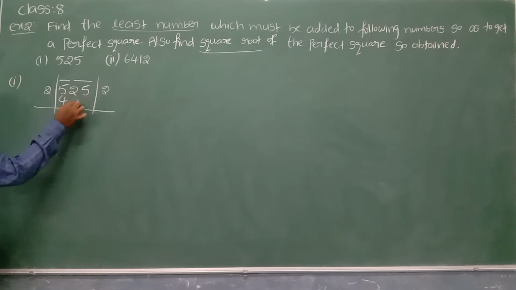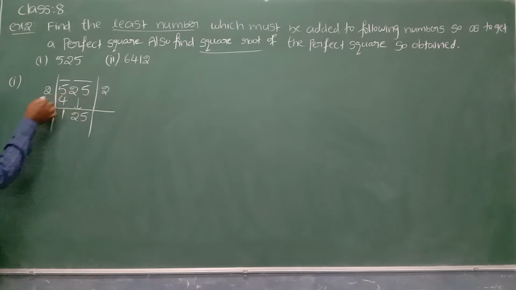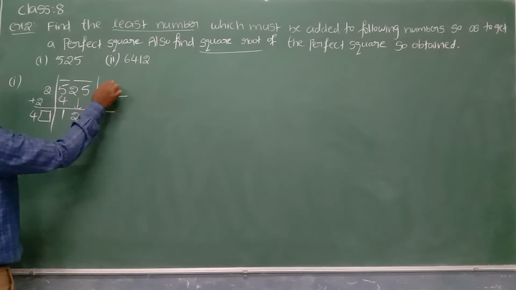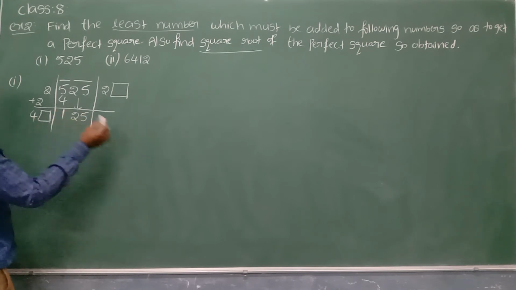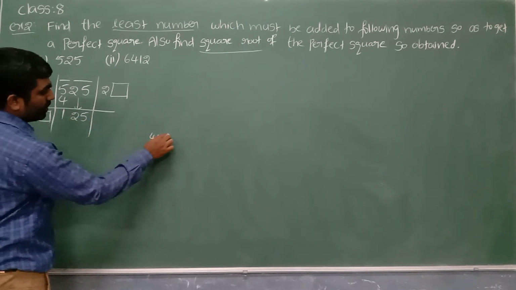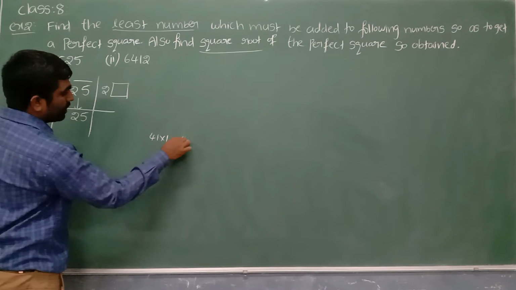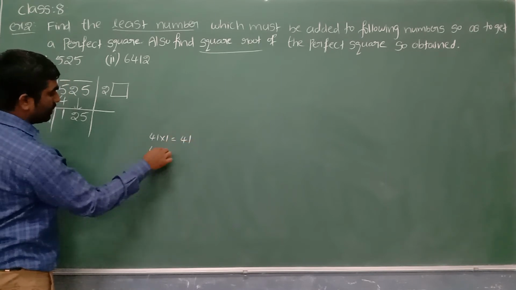Below the second bar I can see 2 digits. Those 2 digits you can write down at a time. 125 is the new dividend. Now this quotient 2 we can add here, 2 plus 2 is 4. Beside that 4 keep one box, even here also keep one box. In that box we should write the same digit, and by multiplying we should get the number which is exactly near 125.